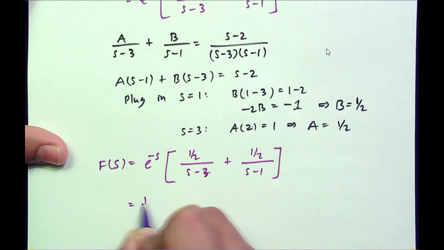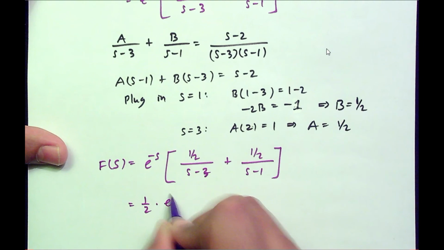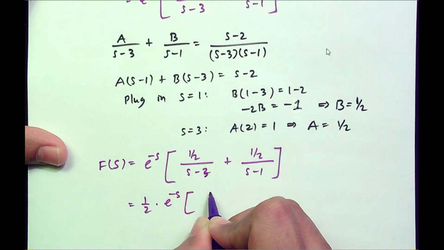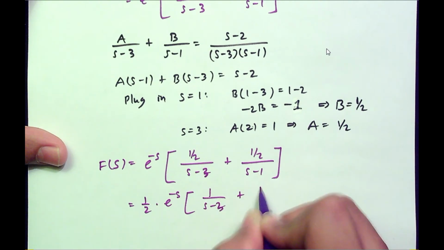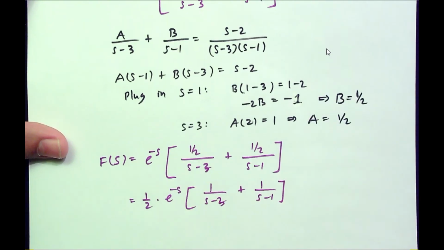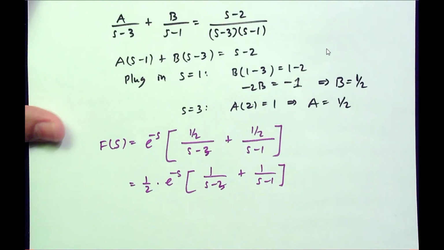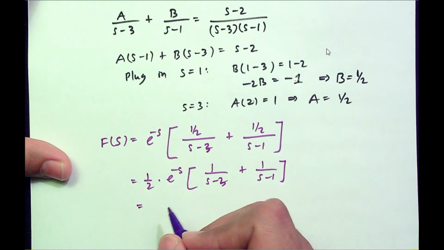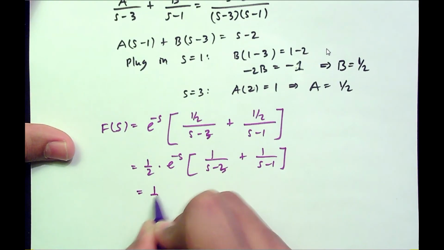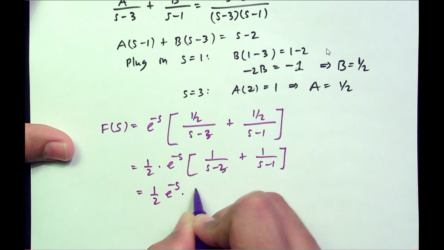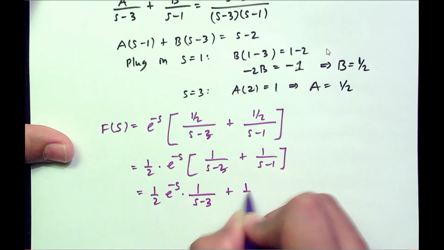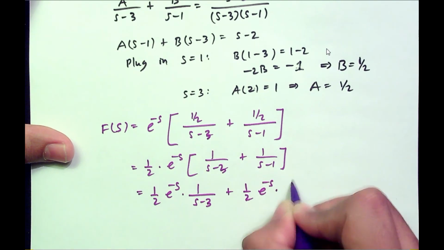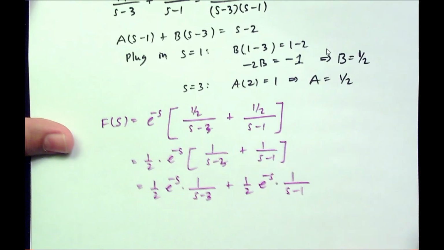So 1 half e to the minus s times 1 over s minus 3 plus 1 over s minus 1. And lastly, I'm going to distribute this. This is going to be 1 half e to the negative s times 1 over s minus 3 plus 1 half e to the minus s times 1 over s minus 1.